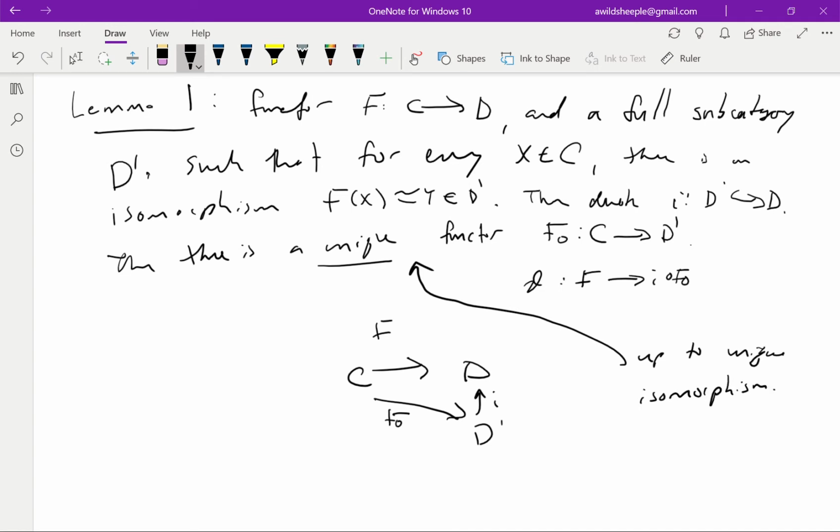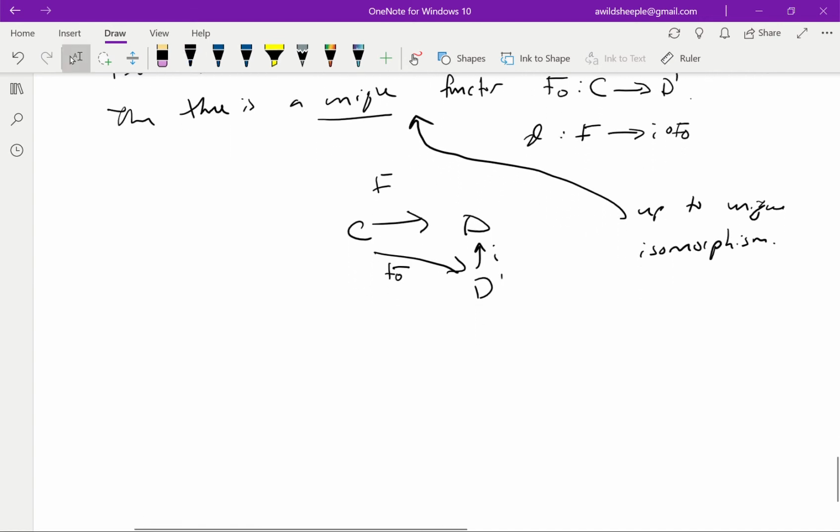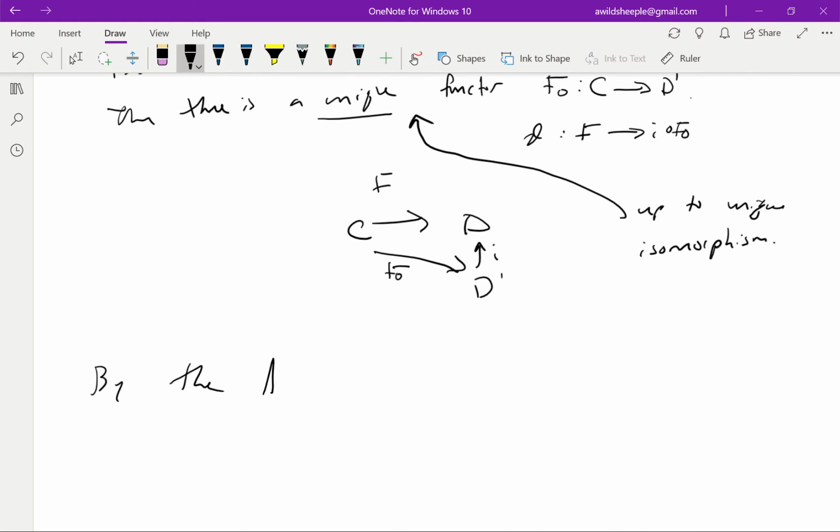Okay, so let's see how we prove this. It's not tremendously difficult. We just work in a few steps. Step one, as for all of these constructions involving large categories, where we need to make a lot of choices about what these isomorphic objects are, is we need the axiom of choice. So first, by the axiom of choice, we choose a representative for all of the target objects.